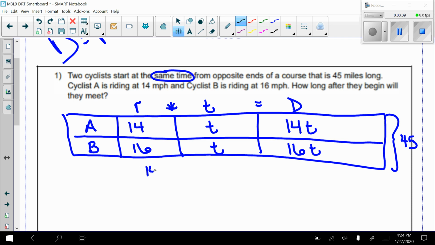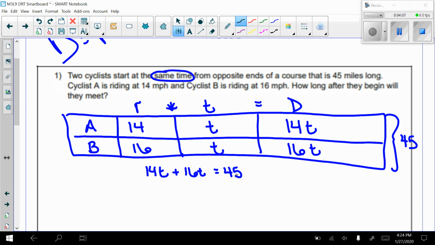So 14t plus 16t equals 45 miles. So we have our equation. Stop and pause it and look at it again if you need to. These charts are a little confusing, getting all the information down into the right places.